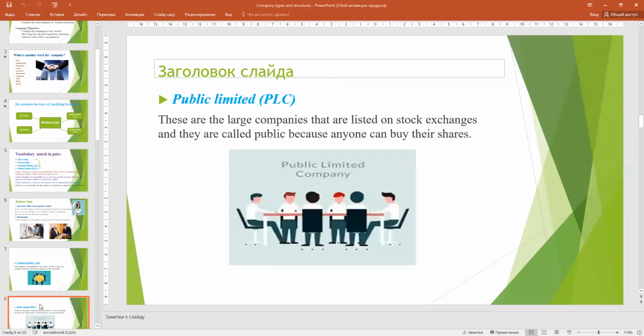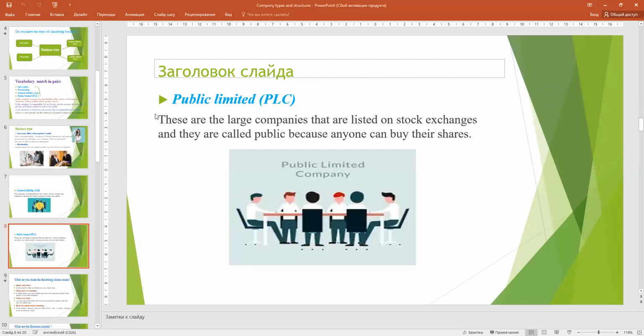Then let's see the next one, public limited. These are large companies that are listed on stock exchanges, and they are called public because anyone can buy their shares. Okay.